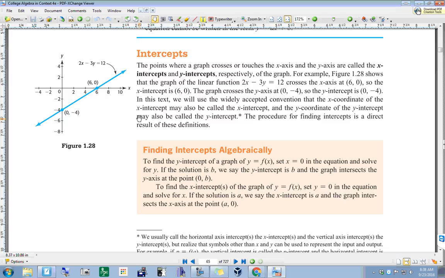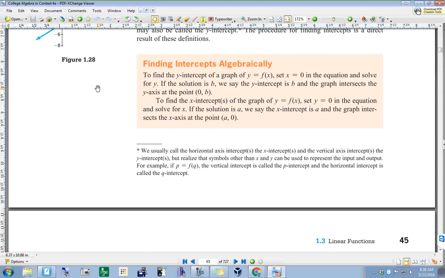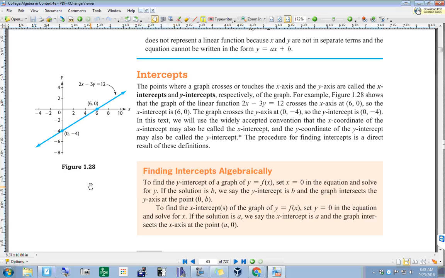Now, there's a couple of ways that we can go through and do this. The most accurate way is always going to be algebraically, although sometimes it's downright tedious, and there are quicker ways of dealing with it. But if I want to find an intercept, all we have to do is set x equal to 0, solve. y is equal to 0, solve.